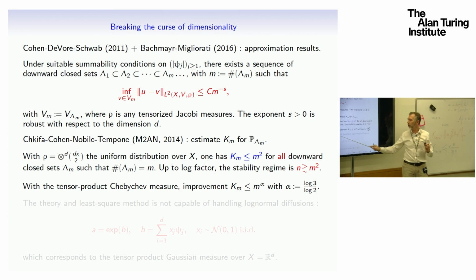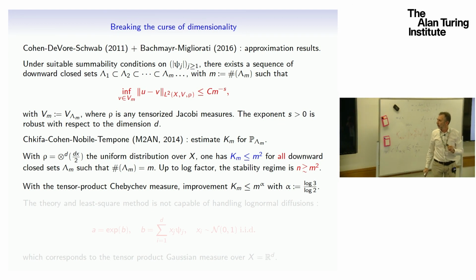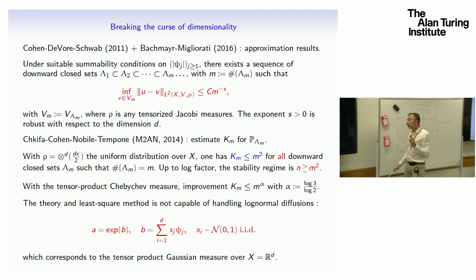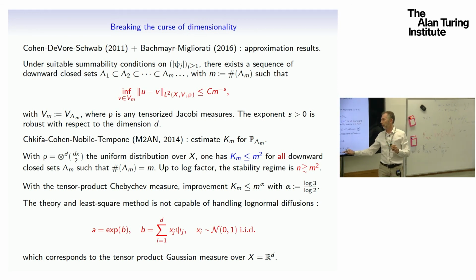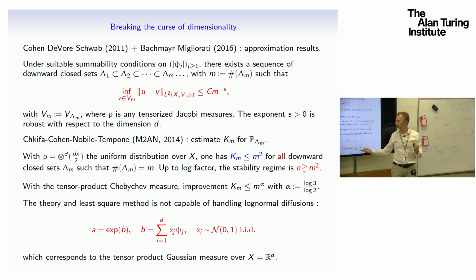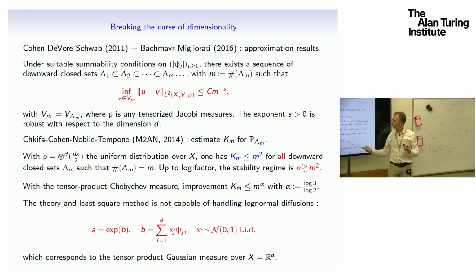If you use the tensor product Chebyshev measure now, you don't have such a great thing as in 1D. It's not linear. You could have something like m to a certain power alpha. And this alpha, okay, it's smaller than 2, but larger than 1. And again, an interesting case is what we call log-normal diffusions, where A is not of the affine form that I gave, but the exponential of a Gaussian field.